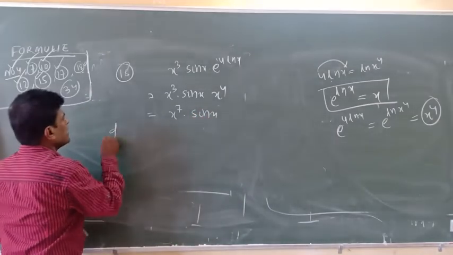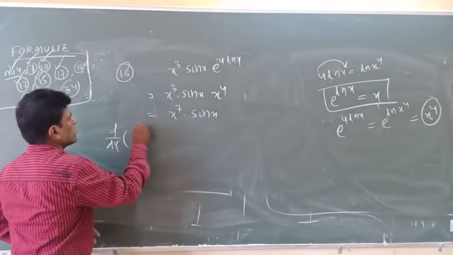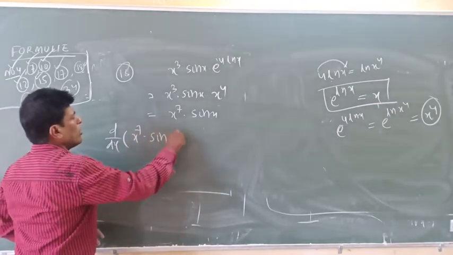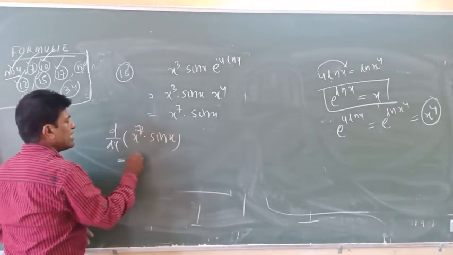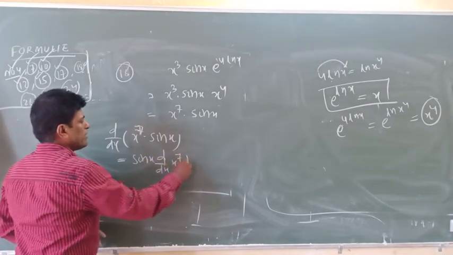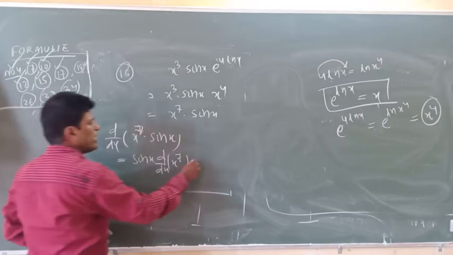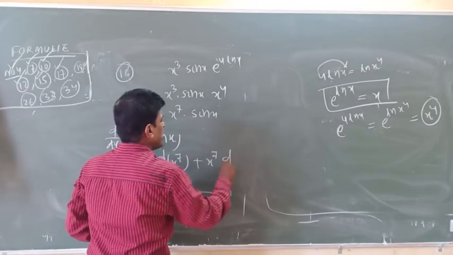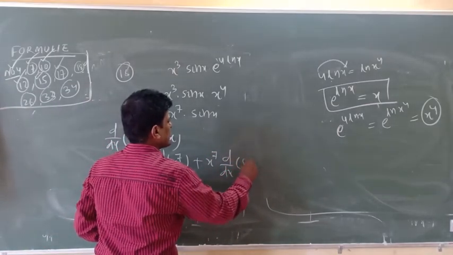Now differentiate d by dx of x to the 7 into sin x. Using the product formula: the derivative of the first function, x to the 7, keeping sin x constant, then x to the 7 constant, times the derivative of sin x.